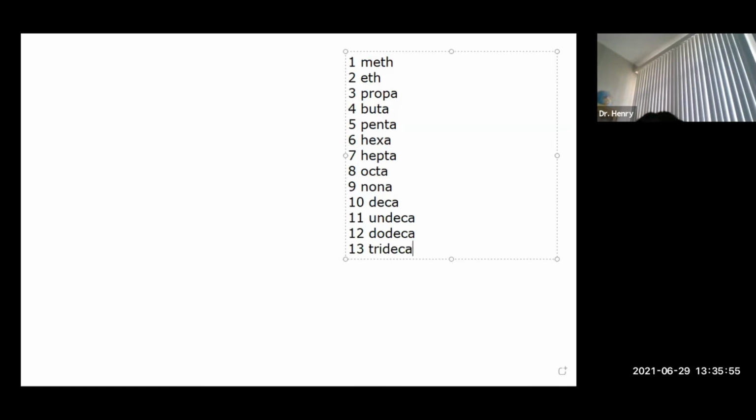Okay, so at this point, we talked about priority. So alcohols were the highest priority. Who was underneath them? Amines, okay.